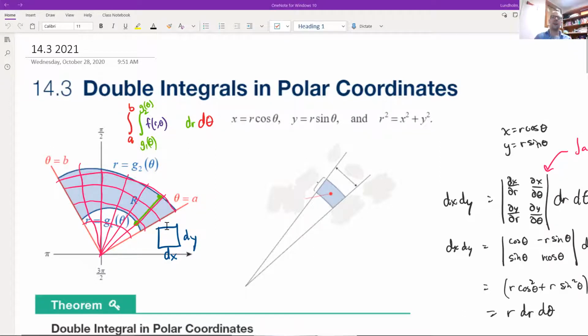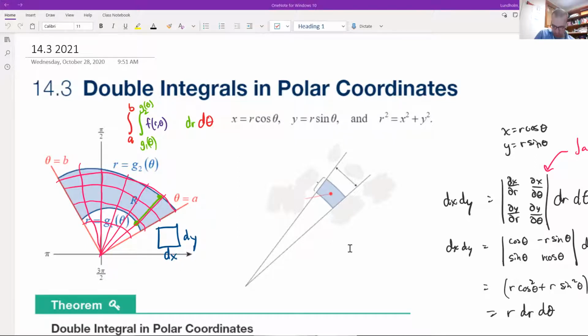So this area differential might not be a one-to-one exchange between dy dx and dr d theta. We have to actually think about what the area of one of these little tiny sections of a sector of a circle would be. We would think about this in terms of differentials.